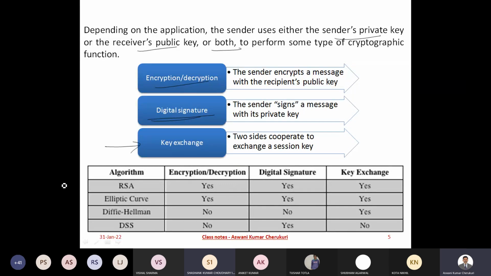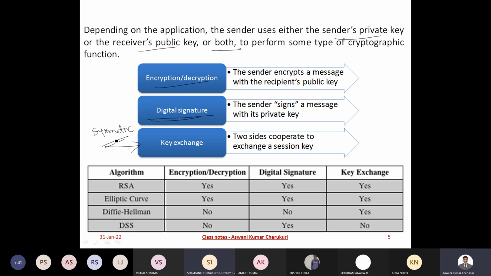When I say key exchange, where does key exchange typically come in? When you are using symmetric encryption, right? What is the challenge in symmetric encryption? Sharing the keys. How do I share the common key between Alice and Bob?